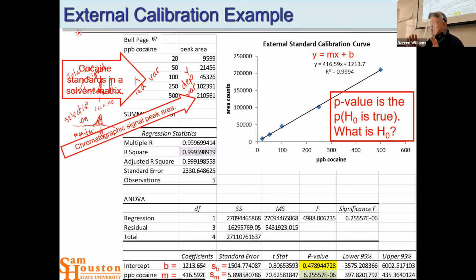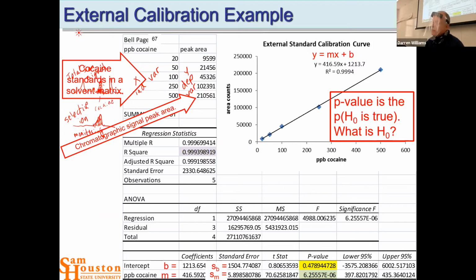So those are connected. So you could say, is it the probability that B is 0? That's one way to say it, okay?